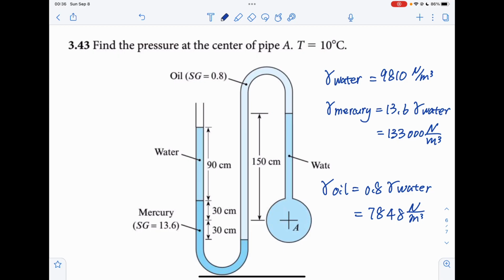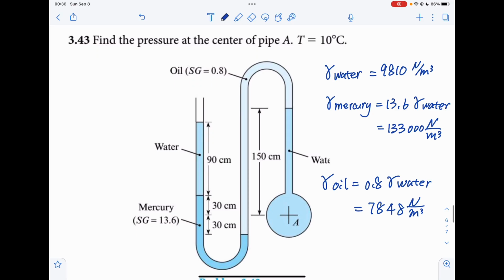Now let's look at the height of the liquids here. We're going to start at point B with pressure PB here. We go down, the pressure will increase for 90 centimeters of water, then 60 centimeters of mercury here.